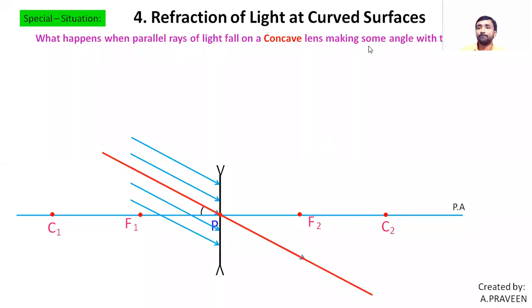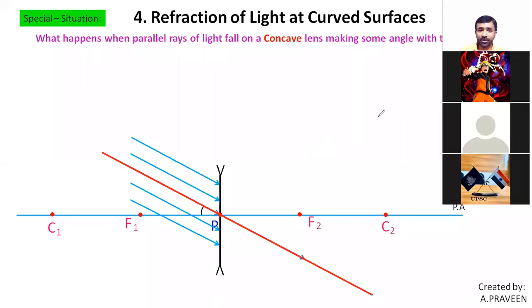Can anybody identify the focus on the imaginary principal axis? I want the focus for that double concave lens. Where will it be, left side or right side?